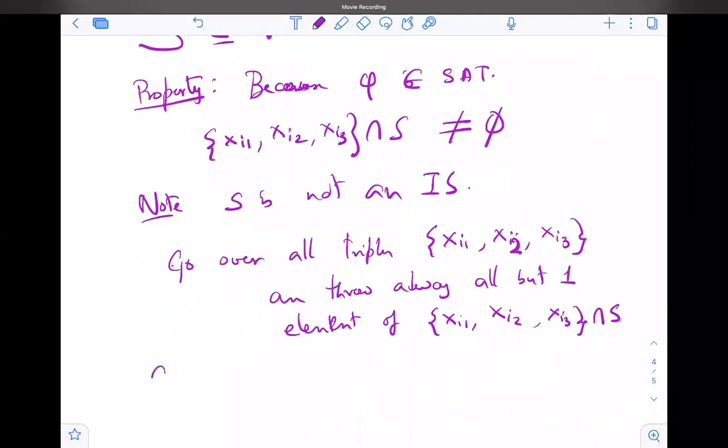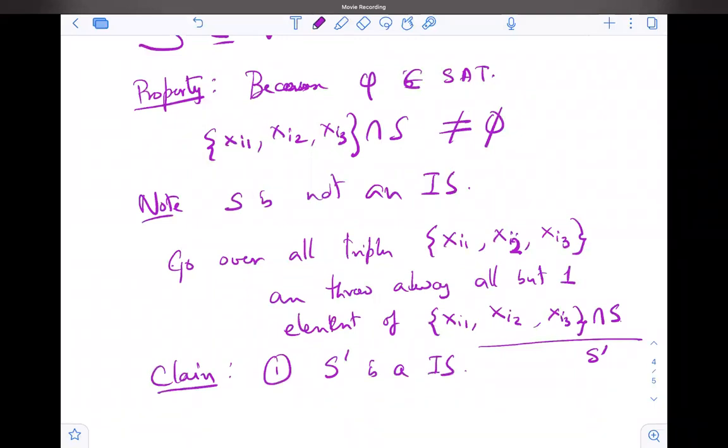Now what happens here? I claim, first of all, two claims. Number one, let's call this updated set S prime. So after doing so, I get S prime. So S prime is an independent set.